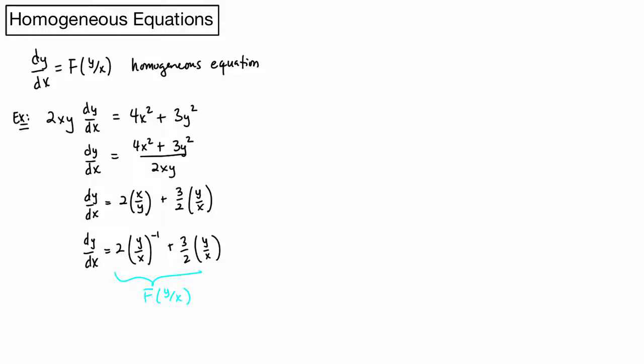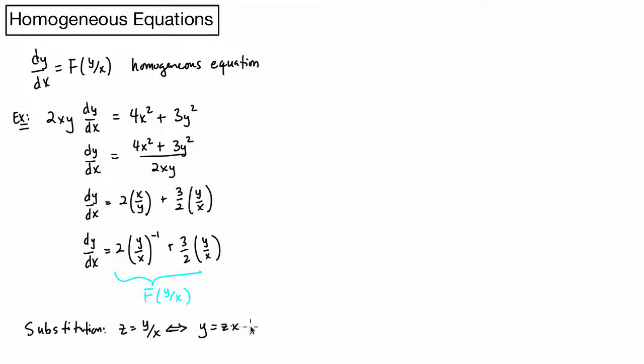I think the substitution here is probably obvious as well, but if you're looking to solve one of these differential equations, the substitution that you need to try is let z, the substitution variable, vary as y over x, which means that you will end up with y being equal to z times x.